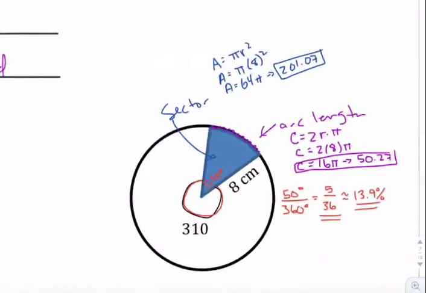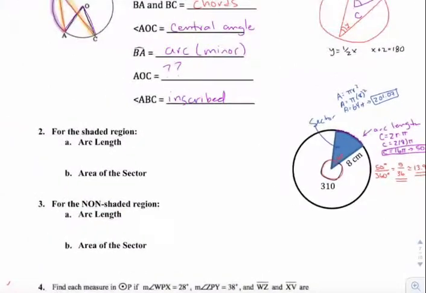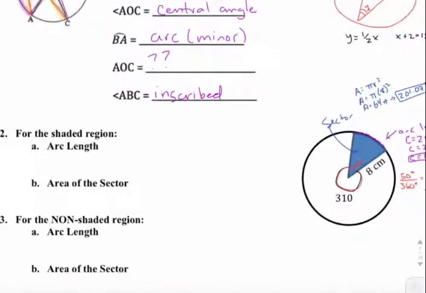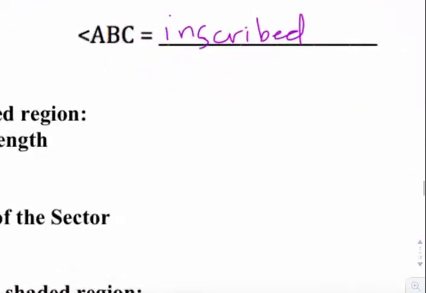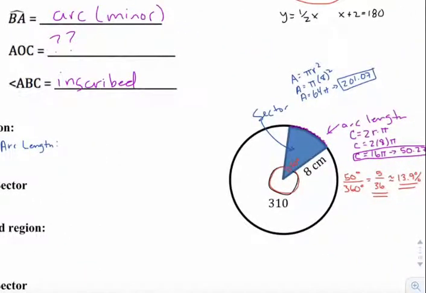Okay, so now what we have to do is bring it back here. We have to find the arc length. We have to find the area of the sector, but we already did all the preliminary work. So the arc length, which is this portion of the circumference, is going to be the percentage of circumference covered by that angle, the central angle.